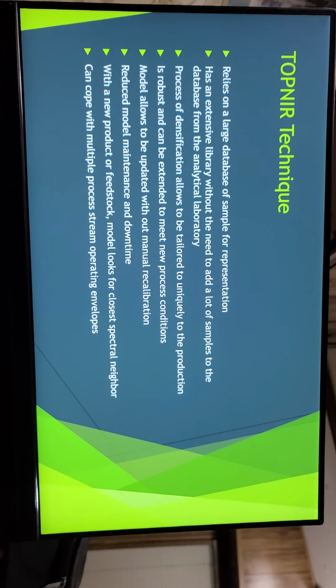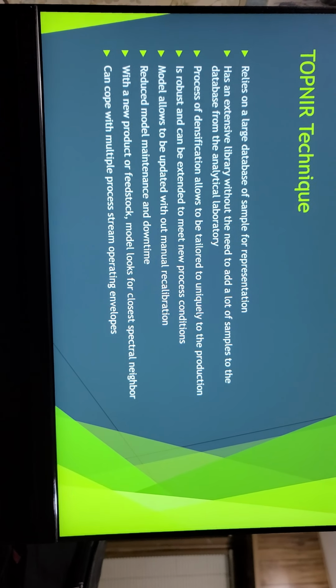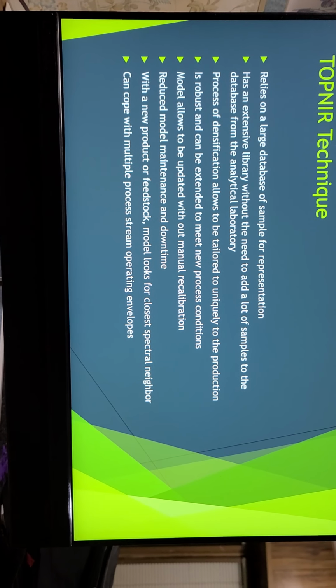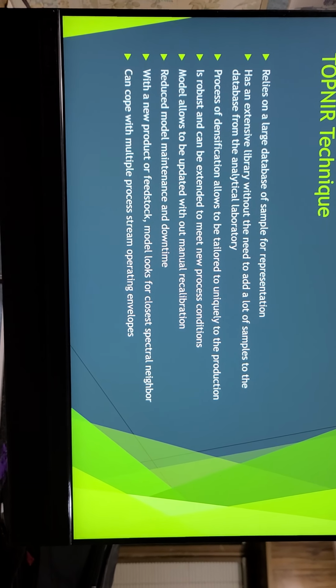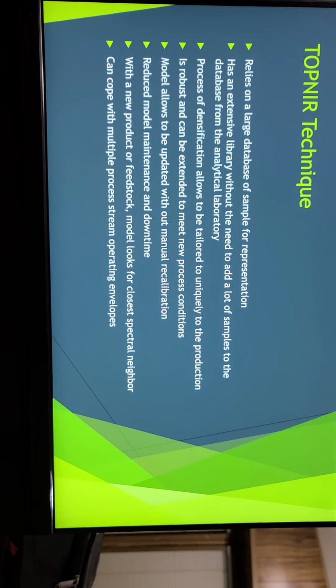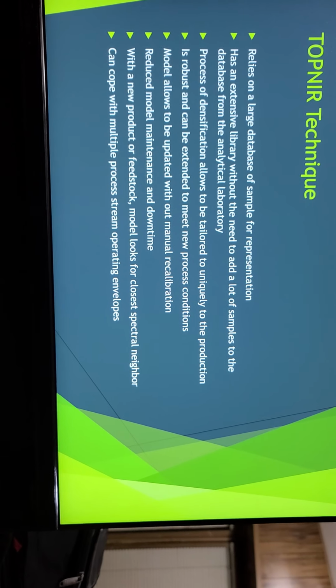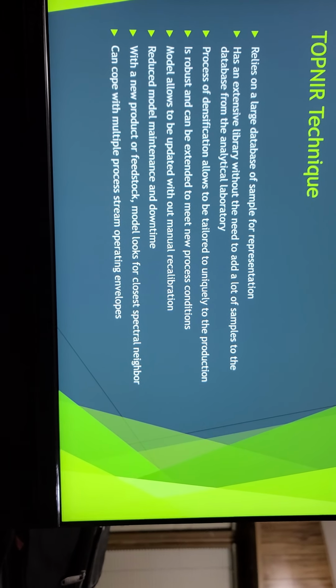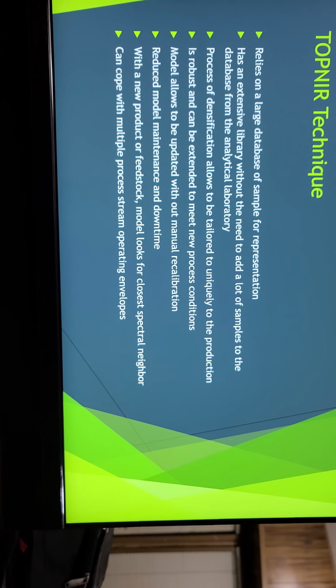The process of this densification allows it to be tailored uniquely to the production site. It is robust and can be extended to meet new process conditions. The model allows to be updated without manual recalibration. It has reduced model maintenance and downtime.